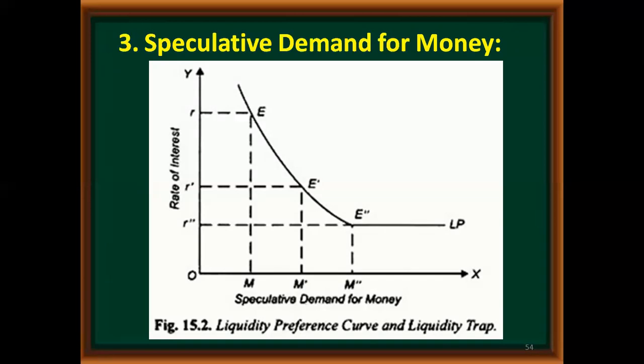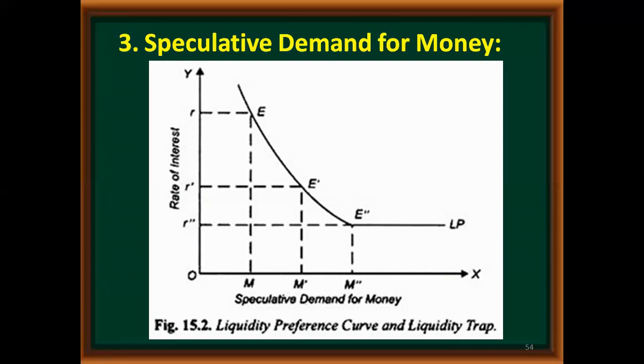If you see the upper part, from the point E to E double dash, as the rate of interest is falling, on the y-axis we are measuring rate of interest, and on the x-axis we are measuring speculative demand for money.